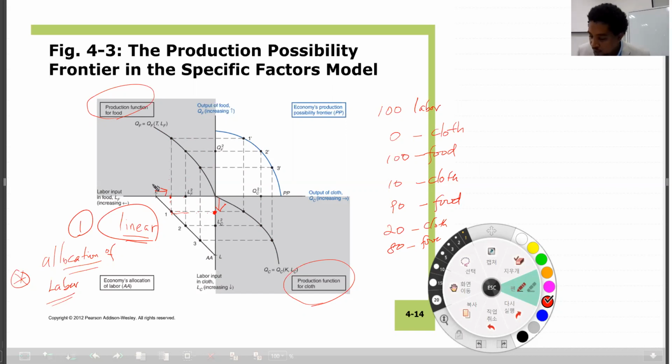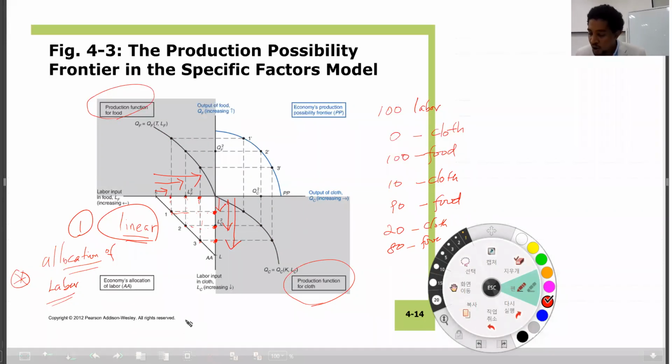And when you take away this amount of labor from food, this point intersects with this one, so now you are using this amount of labor for clothes, then it goes to this point. When you decrease the labor for food to 0.3, then it intersects here at this point. So now you are using this amount of labor for clothes.